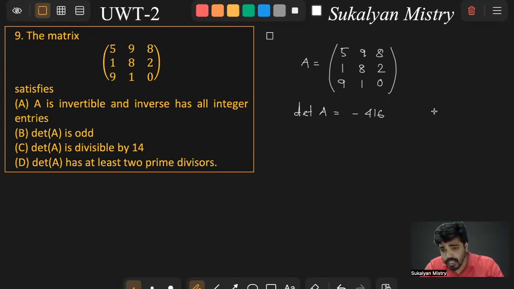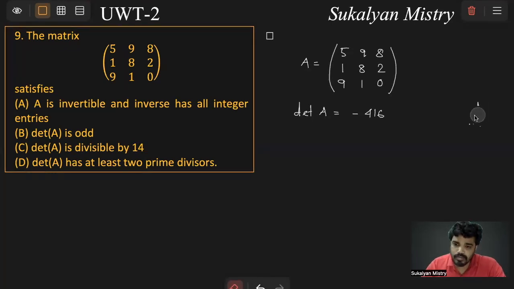Because দেখো তুমি just simply roughly calculate A inverse means adjoint A by determinant A. ঠিক, তাহলে A যখন adjoint calculation করবে divided by determinant A, determinant is -416, ঠিক, দেখো কখনো ইন্টিজার এন্ট্রি হবে না। 9/416 কখনো ইন্টিজার হতেই পারে না। A is invertible, but A inverse যে ম্যাট্রিক্সটা থাকবে সেই ম্যাট্রিক্সের এলিমেন্টস গুলো কিন্তু ইন্টিজার নয়, দ্যাট আর অল রেশনাল নাম্বার। ঠিক, সো অপশন A is not true.